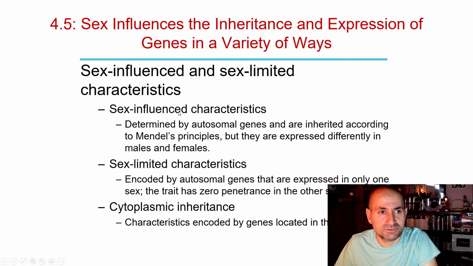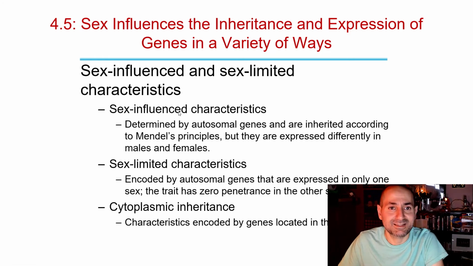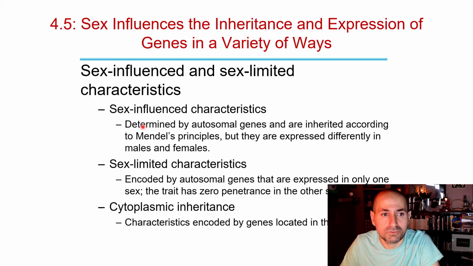Now let's move on to sex-influenced and sex-limited characteristics and define these terms here. Sex-influenced characteristics are those determined by autosomal genes, not the sex-linked genes, not the X-linked genes. These are determined by autosomal genes and are inherited according to Mendel's principles, but they get expressed differently in males and females.